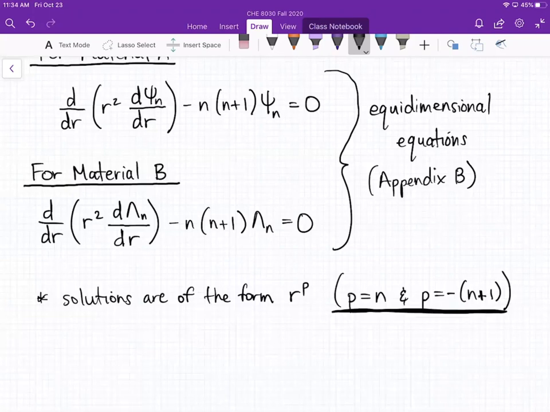So let's just pick one equation because, again, the form of the equations is exactly the same. The roots that we're going to get, or values for p, are going to be exactly the same for each equation.